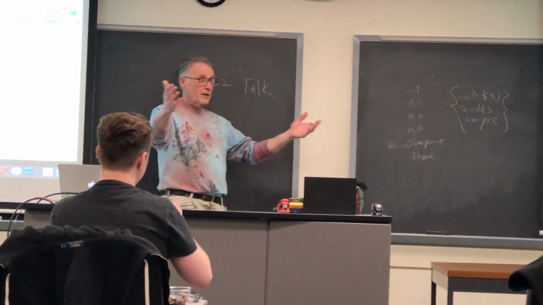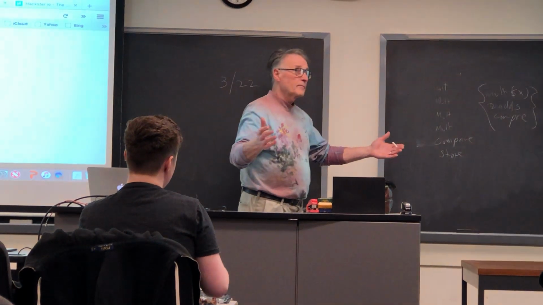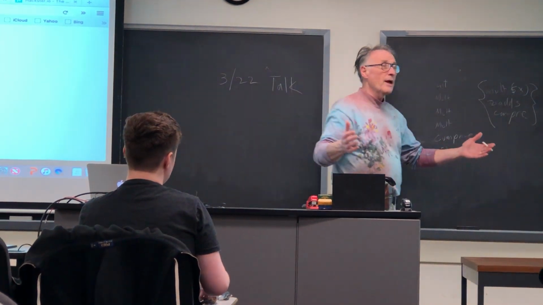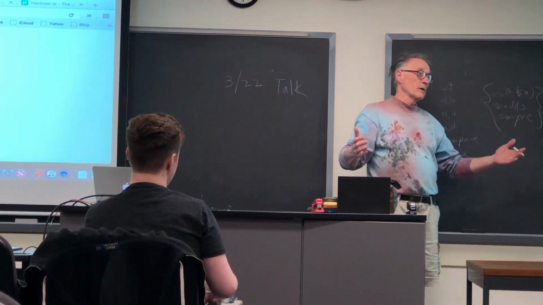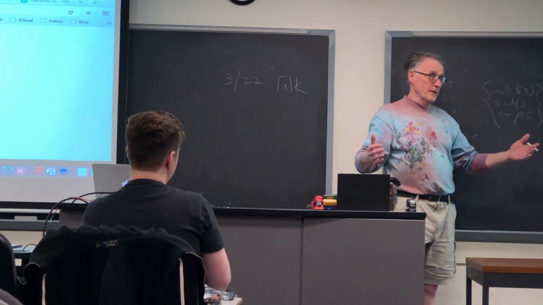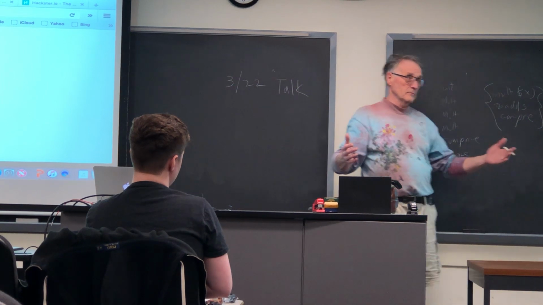Click, and now you've got 150 megahertz. One change of one parameter. So you can choose the clock rate by using a phase lock loop. That's the correct way to do it.